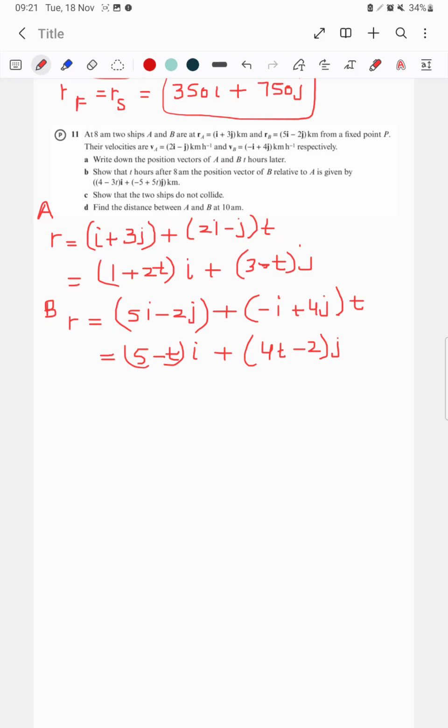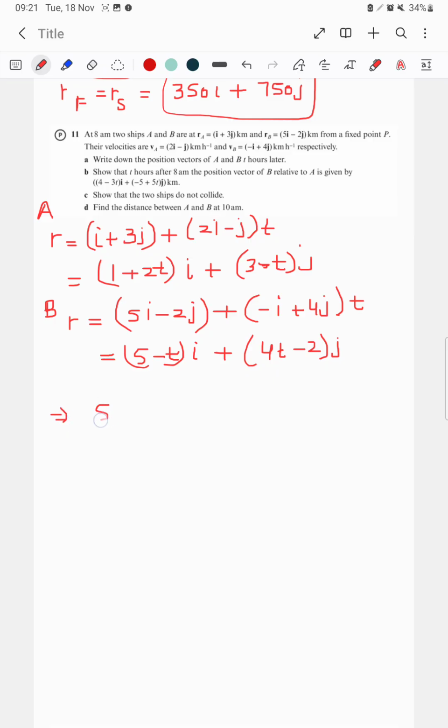Then they say show that t hours after 8 am the position vector of B relative to A is given by this particular value. In that case, we just need to subtract.